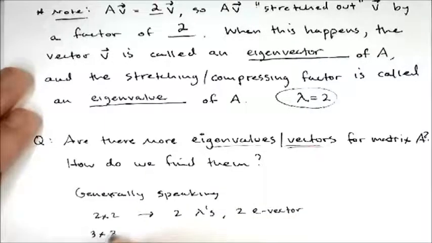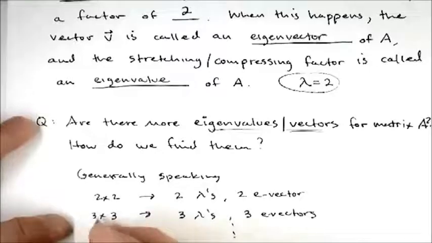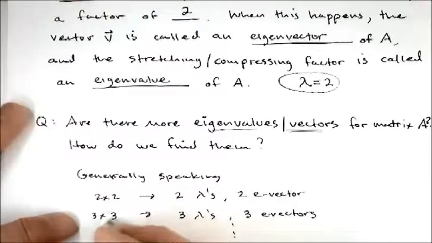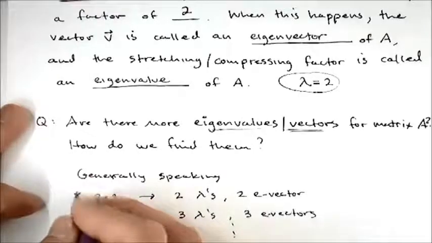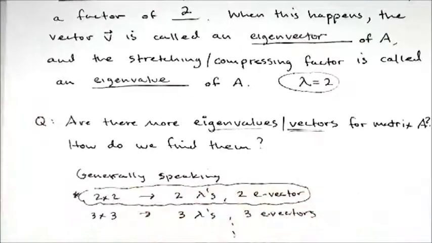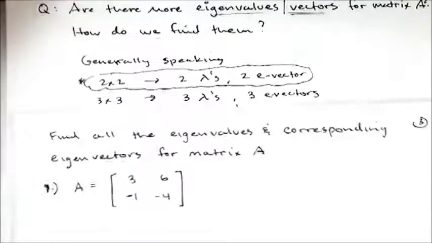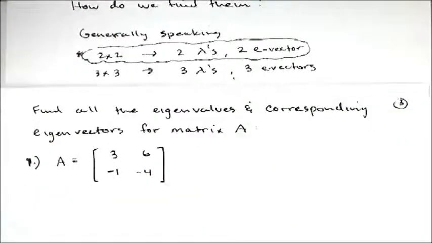If you have a 3 by 3 matrix, you'll usually have 3 lambdas and 3 corresponding eigenvectors, etc. There are some in the book that have 3 by 3 matrices where you have to find all 3 lambdas and the corresponding eigenvectors, but we are going to spend 95% of our attention on the 2 by 2 matrices. So you should expect 2 eigenvalues and 2 corresponding eigenvectors for every 2 by 2 matrix.